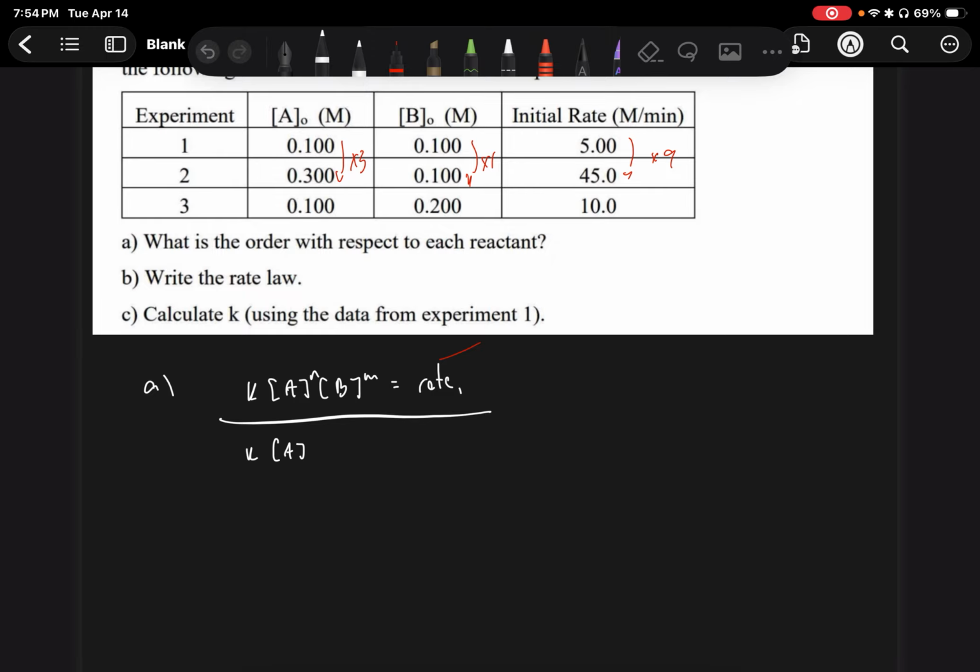I'm actually like not doing this right, I think. Because K is going to be the same for all of them, right? Because it's at the same temperature.